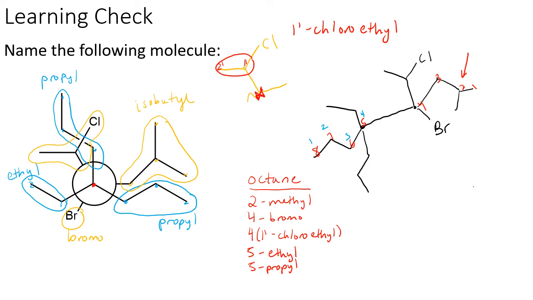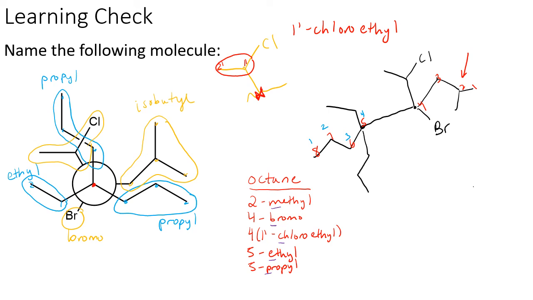So now we just need to put them in alphabetical order when listing them in the full systematic name. So what's going to come first? Alphabetically, we're going to have B for bromo, and then C for chloro, E for ethyl, M for methyl, and then P for propyl last.